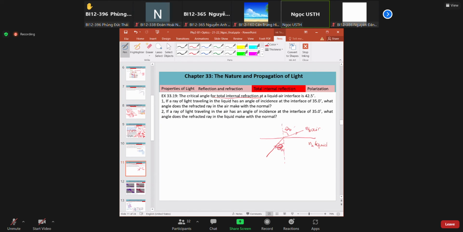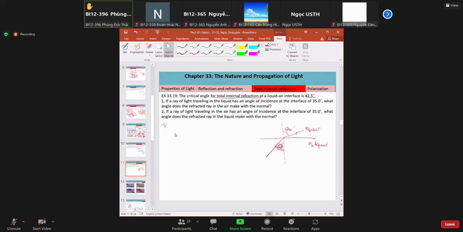So first, I think if I were to write it, I will say that because part A, okay. If you say some nice words, I think Dr. Cẩm will be happy. So because the incident angle is 35 degrees, lower than the critical angle, there will be refraction happening, right? Yes. That is the first point.